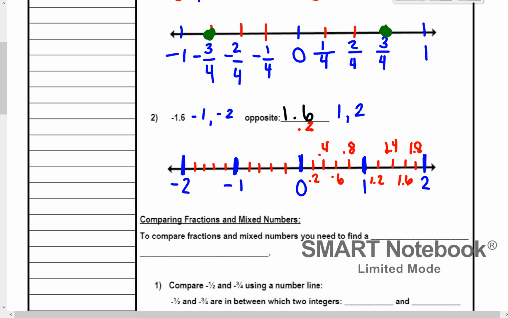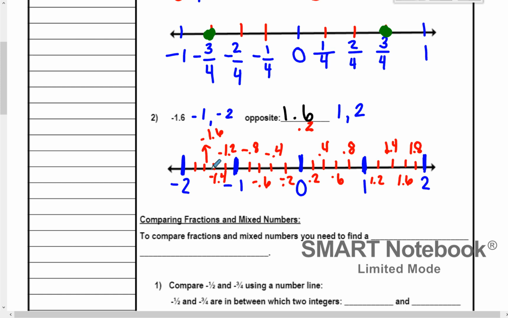Next, we want to do negative 1.6. So again, we're going to count the opposite way. So this first one's going to be negative 0.2, negative 0.4, negative 0.6, negative 0.8, negative 1, negative 1.2, negative 1.4, negative 1.6.